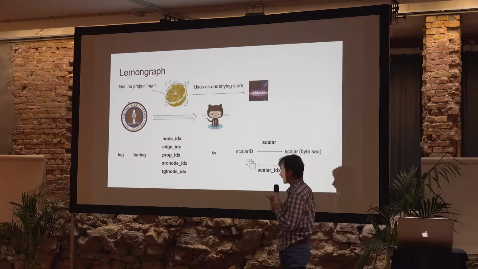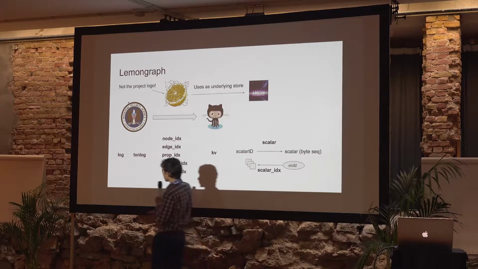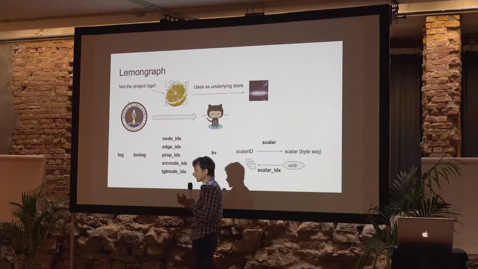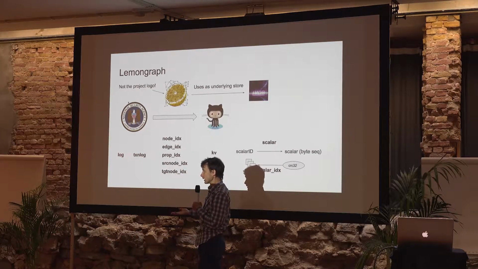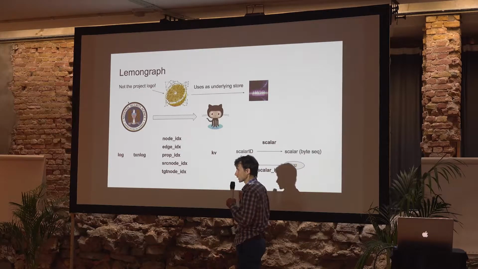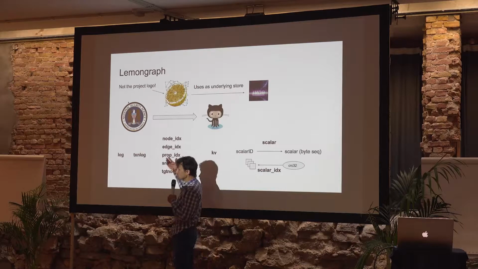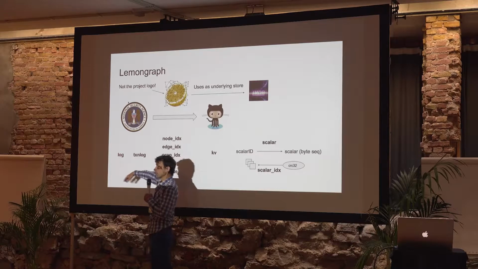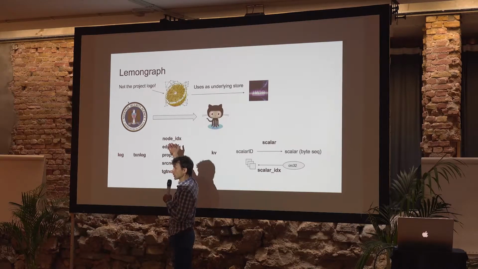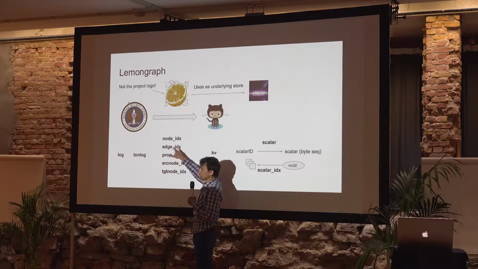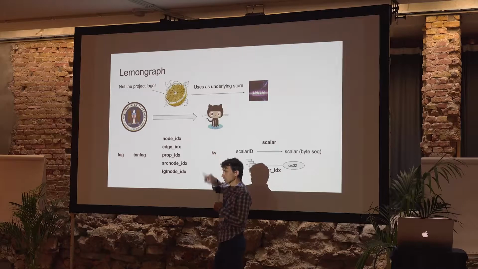So whenever you add an entry, it goes into the log, and it acquires the log ID, and this log ID is ever incrementing, and that log ID is then referenced anytime you create some kind of object. So when you create, let's say, a node in a graph, it gets added as a log entry, and then there's an entry in the index, which connects that node ID with a log ID, and then you can connect the edges with the corresponding sources and targets and stuff like this.